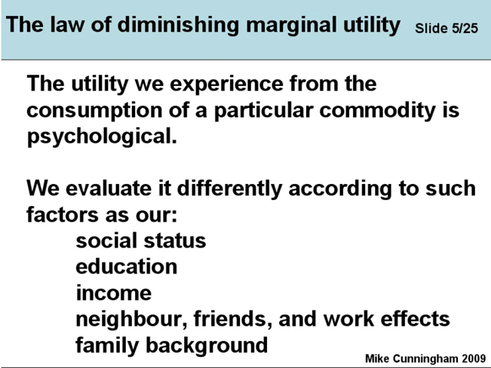We evaluate utility differently according to all sorts of factors. For example, our social status, our education, our income, neighbourhoods, friends, work, family background, upbringing, advertising, trends, fashions, all sorts of things influence how we view particular commodities.